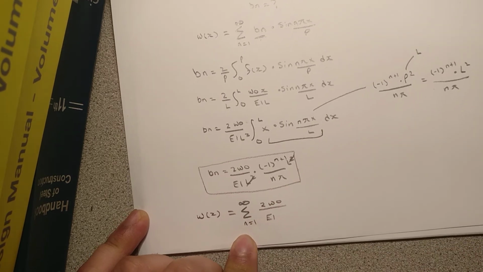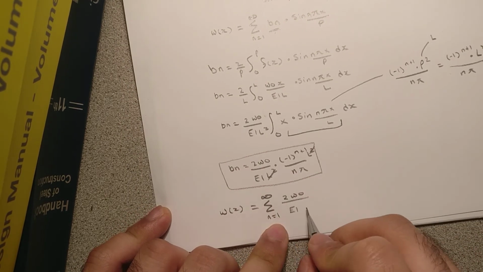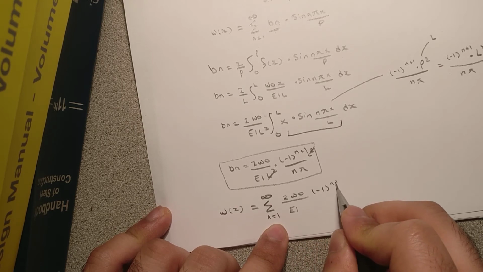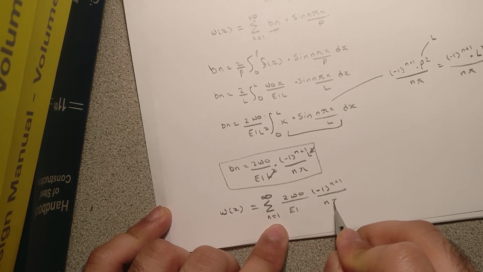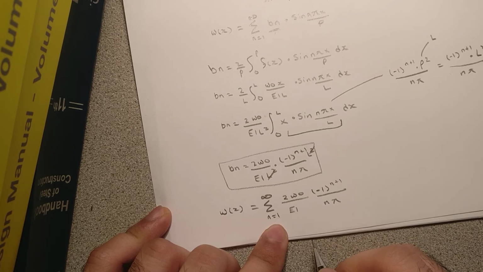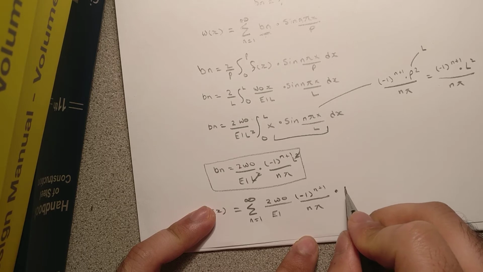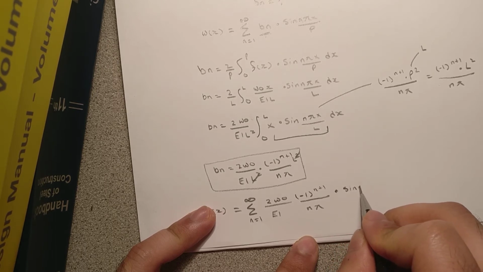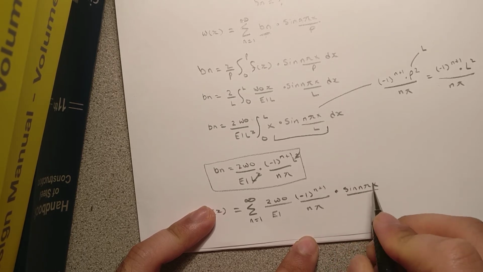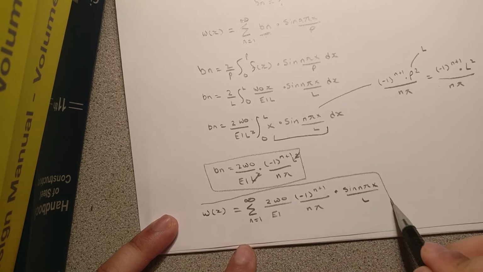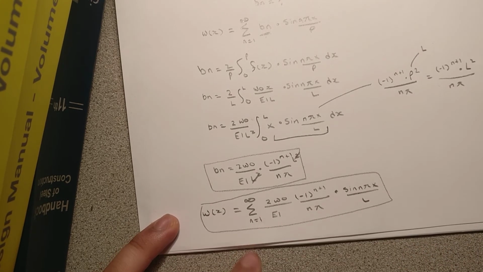These two will cancel. So we have EI. Over here we have (-1)^(n+1) over n pi. And this is going to be multiplied by sine n pi x over L. So this is my W(x) function that I solved for.